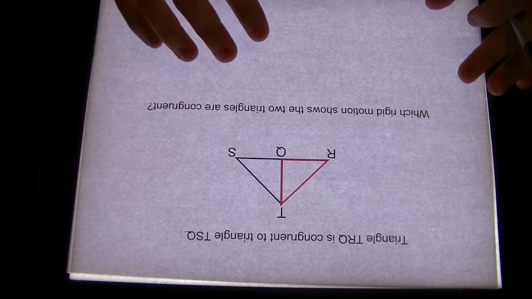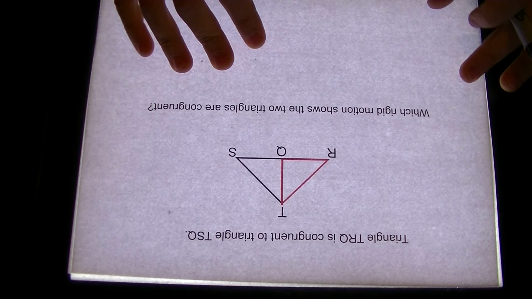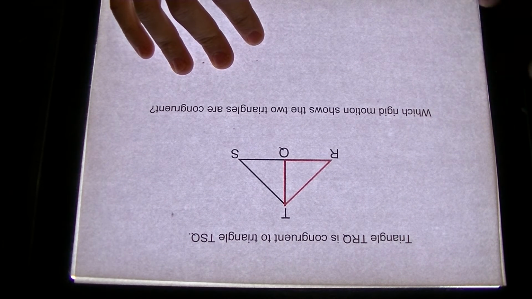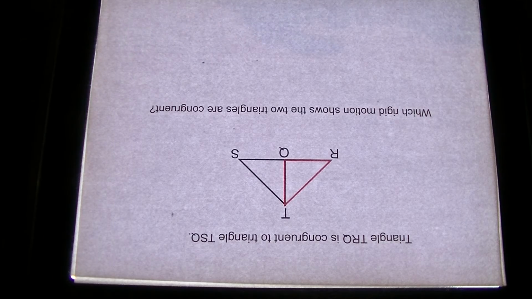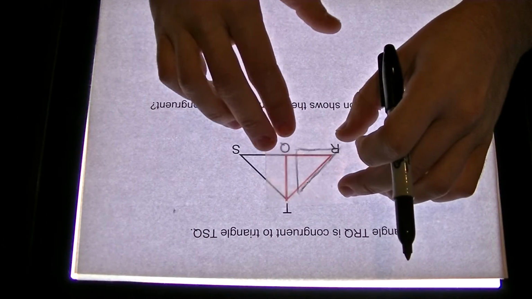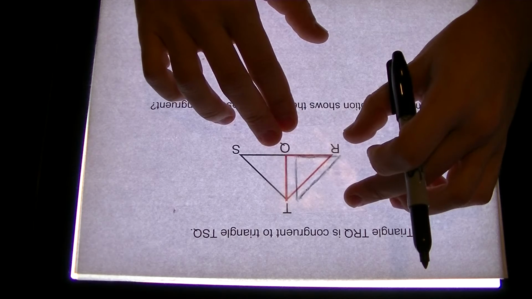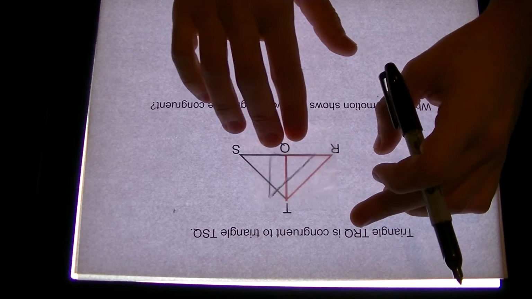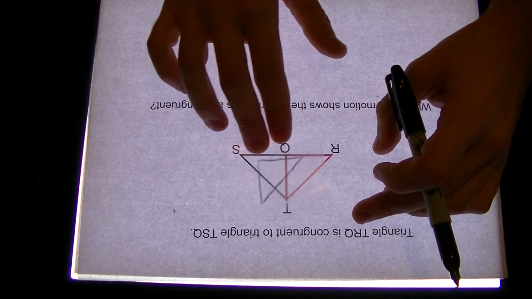I'm going to show that these two triangles, TRQ and TSQ, are congruent. And the way I can prove that is by using one of my rigid motions. So here I'll take my little patty paper, I'll put it over TRQ, and if I try to translate, it doesn't work out.